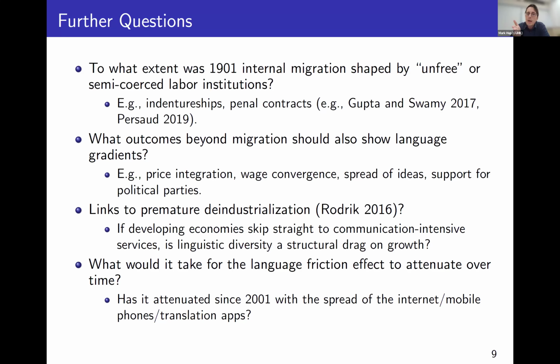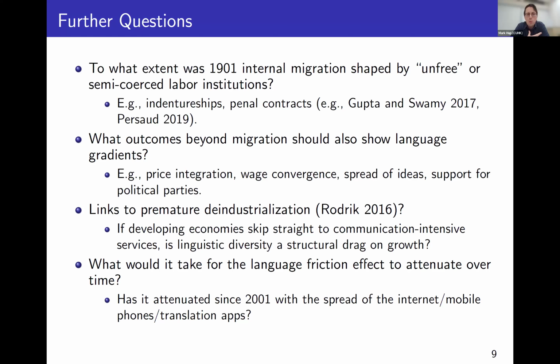So one, in the 1901 setting, to what extent was this internal migration shaped by unfree or semi-coerced labor institutions, like, for example, indentureships or penal contracts that we know played a sizable role as well back in the early 1900s and the late 1800s, and may this be related to, let's say, recruiters and these types of networks that they use to recruit people to migrate across for job opportunities, and perhaps those networks are also based on these linguistic boundaries in a way that they could be language-specific networks, but I'm not sure if that played a role.